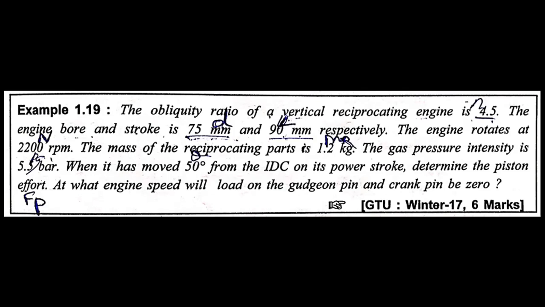The engine rotates at 2200 rpm, so we get omega is equal to 2 pi N by 60, and the mass of the reciprocating part is 1.2 kg.